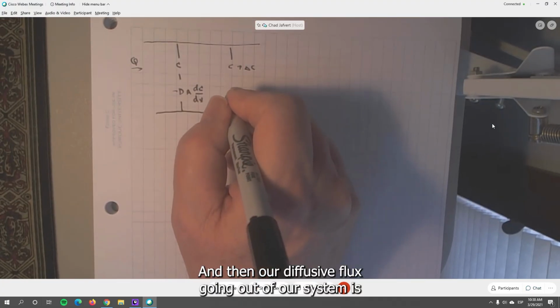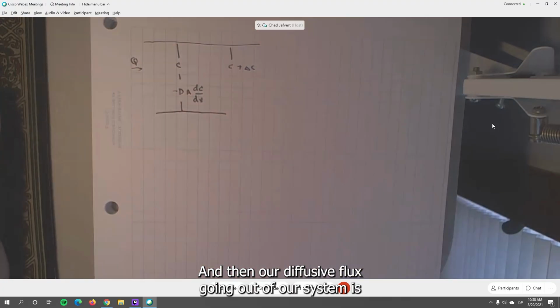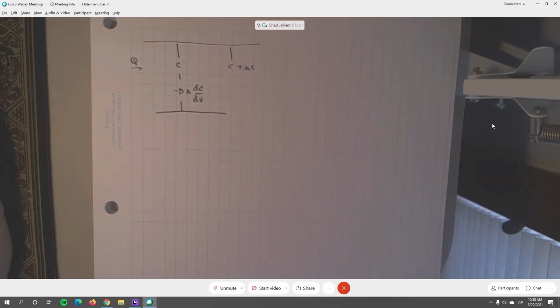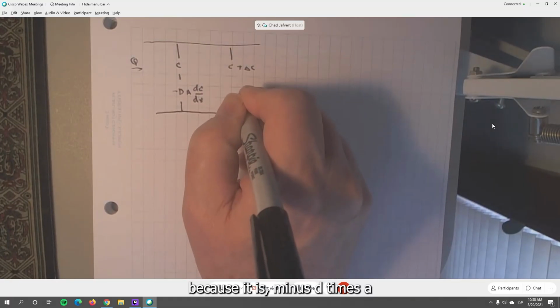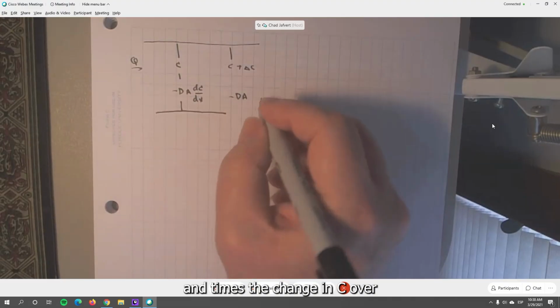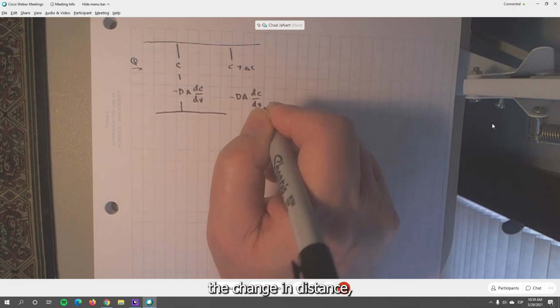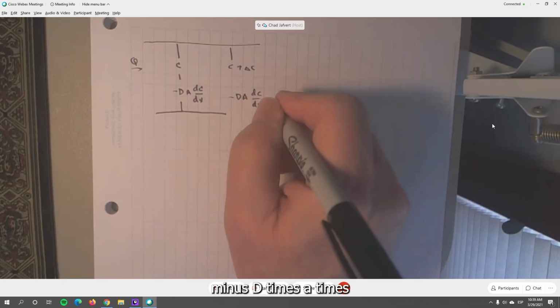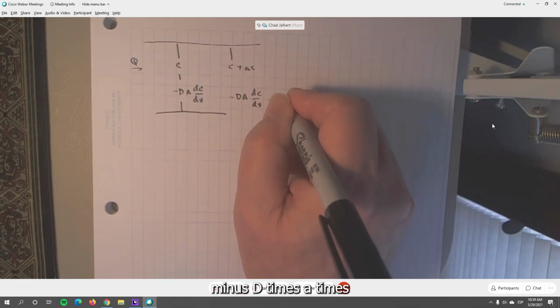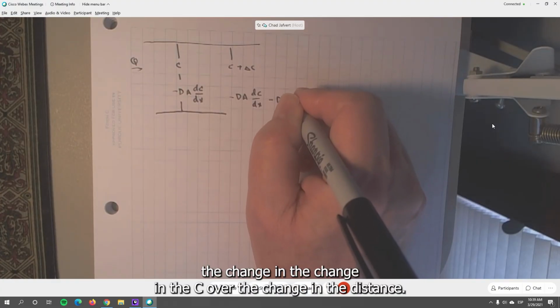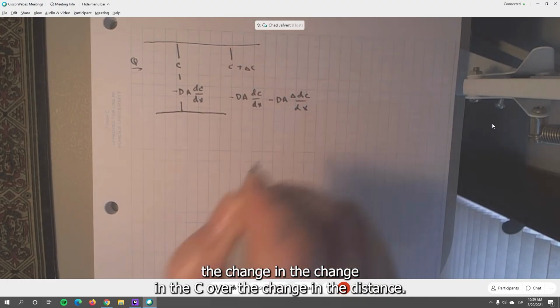And then our diffusive flux going out of our system is a little bit trickier because it is minus D times A times the change in C over the change in distance.